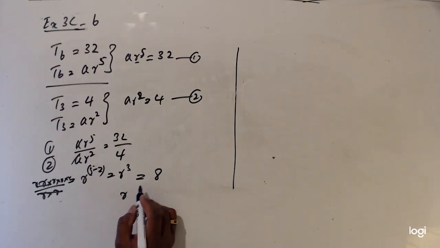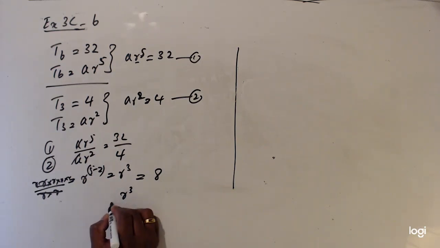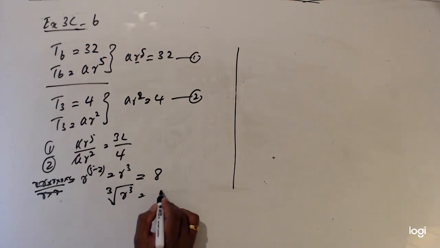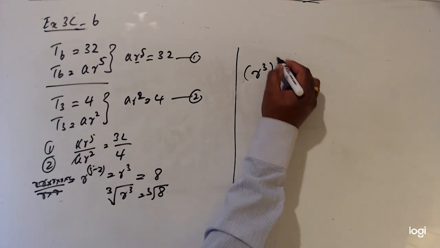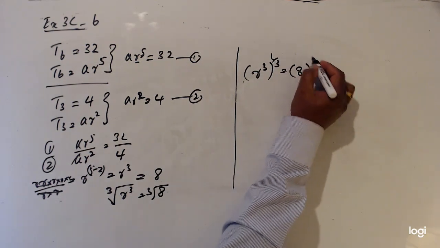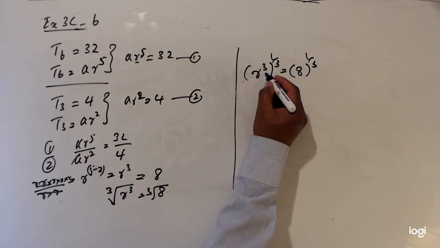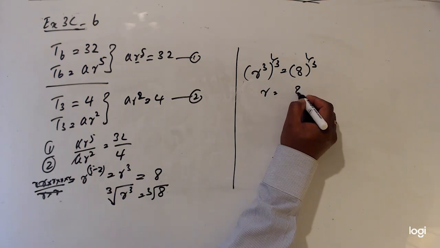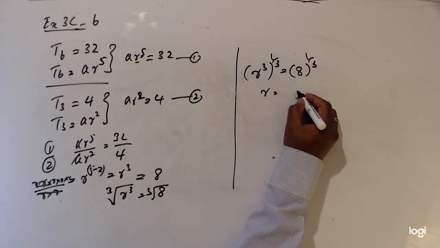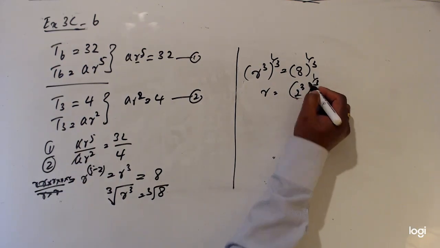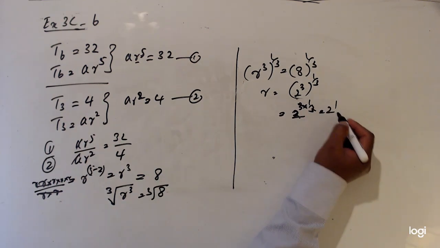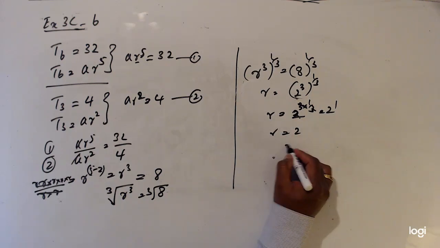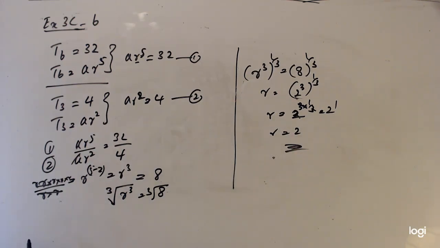Then you want to get the cube root, 8 to the power 1/3, which becomes R. I can write 8 as 2 to the power 3, times 1 over 3, which cancels out to 2 to the power 1, which is 2. R equals 2.